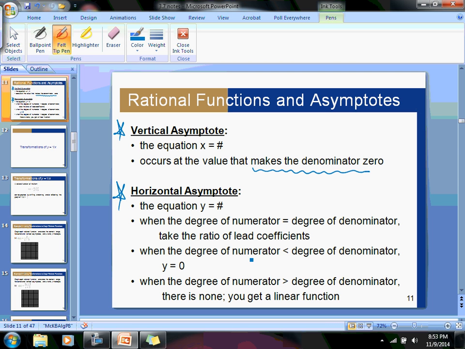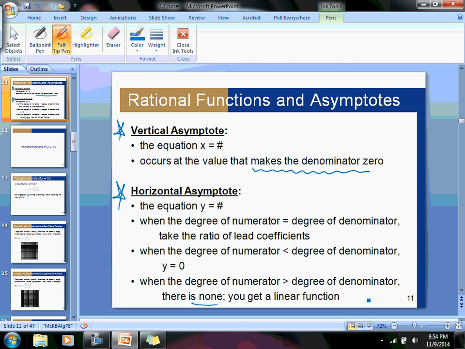If the degree of the numerator is less than the degree of the denominator, then your horizontal asymptote is always going to be y equals 0. That's like when you have x over x squared. And then the degree of the numerator might also be greater than the degree of the denominator. And if that happens, then there's no horizontal asymptote whatsoever. Absolutely none.